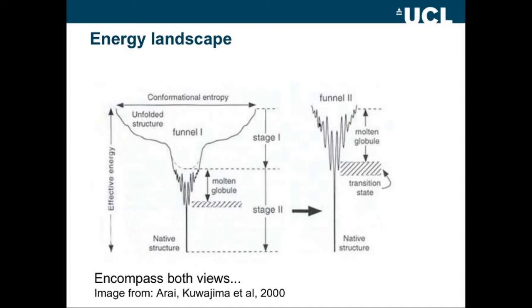This is just an expanded version of the same thing. We have to go through this molten globule state because the chance of falling right down the middle of this is very, very small. So in this case we are suggesting that the molten globule is indeed a trapped state, but we are not going to get to the properly folded form without going via that trapped state.